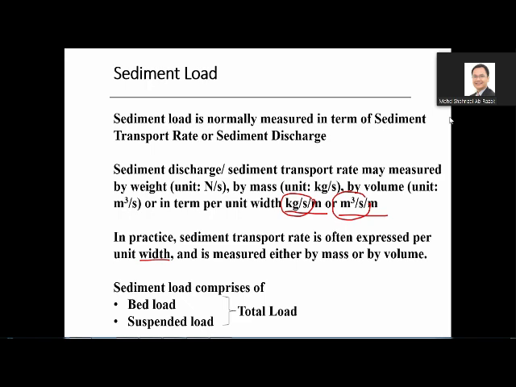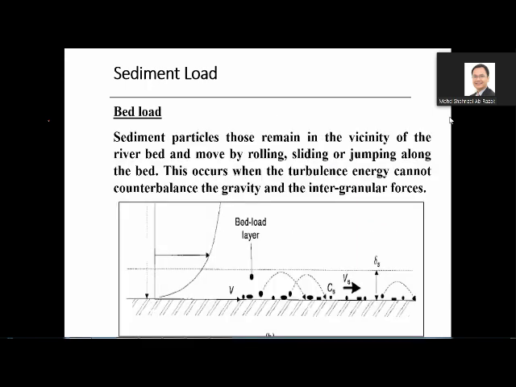If you want to know the sediment transport rate for the whole river width of 20 or 30 meter, then you multiply by the width, and you will get kilogram per second only. Normally in practice, we calculate the sediment discharge per unit meter width. It comprises the bed load and also the suspended load. If you combine these two, you will have the total load.